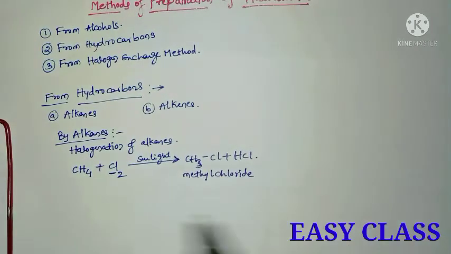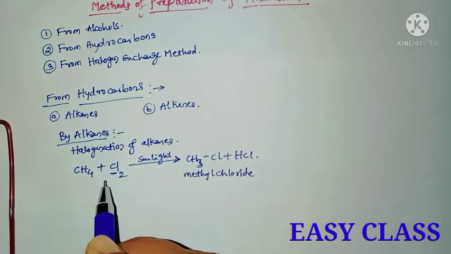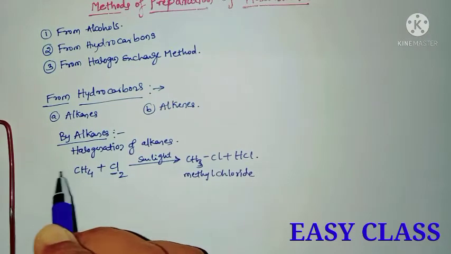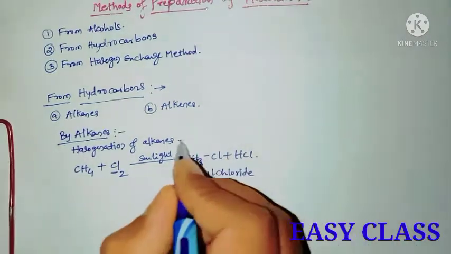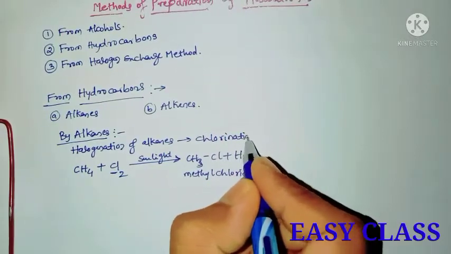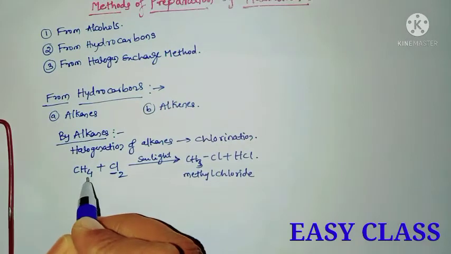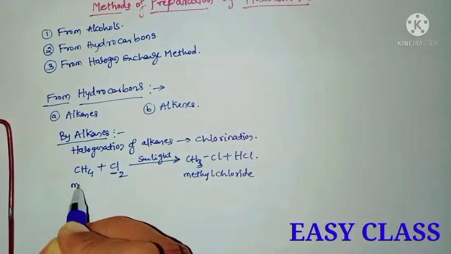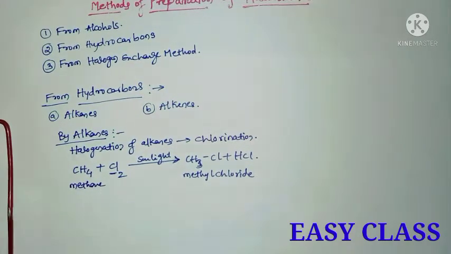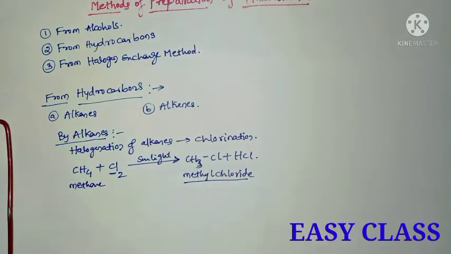Here chlorine is added to the alkane. This reaction is famously known as chlorination. Chlorine is added to methane, so we have got the haloalkane, methyl chloride. So this is a very simple reaction.